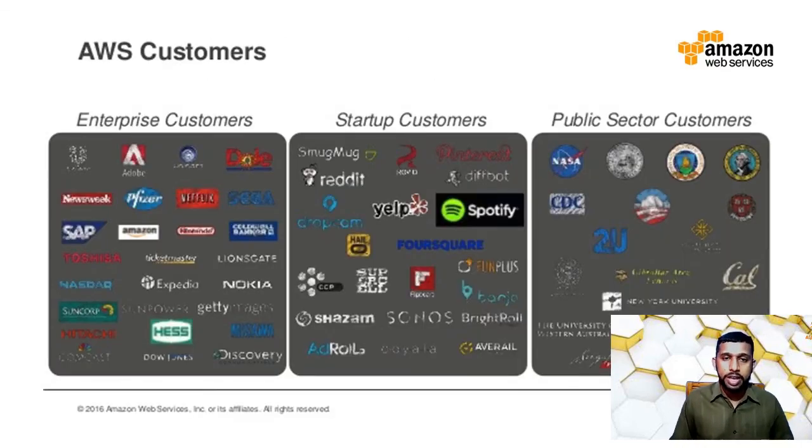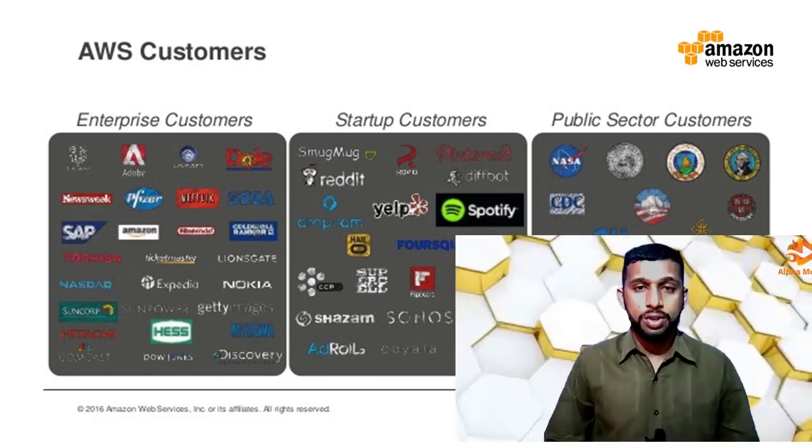The figure shows the important companies, public and private sectors, and enterprise customers that use Amazon Web Services, because it is one of the first industry-level cloud providers. Many MNCs use Amazon Web Services as their backend platform, for example Adobe, SAP, startup companies like Reddit, Foursquare, Spotify, and public sector organizations such as NASA, CDC, and 2U. So there are a lot of companies using Amazon Web Services.